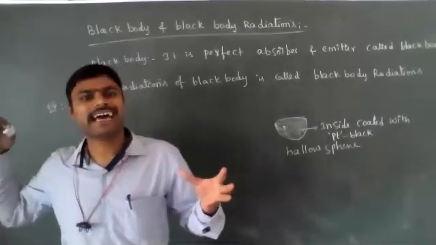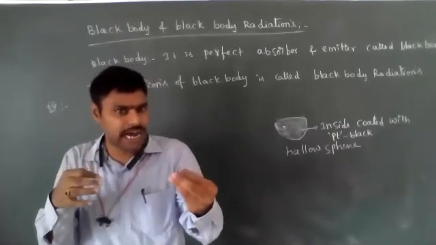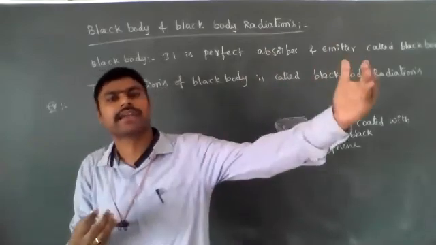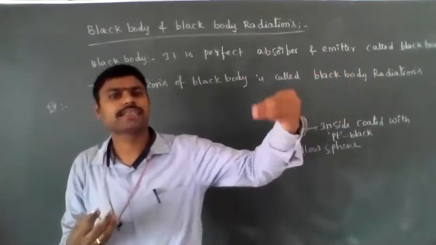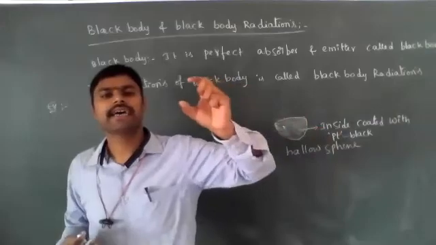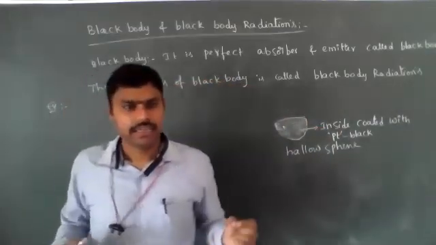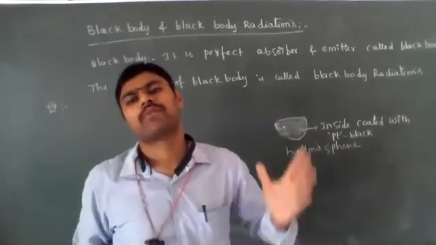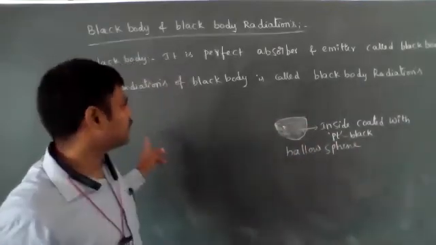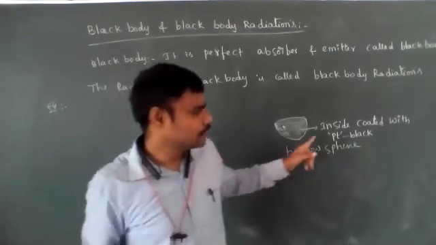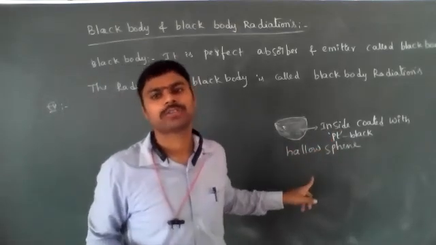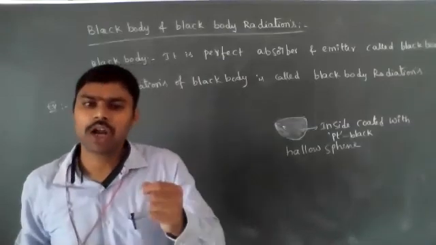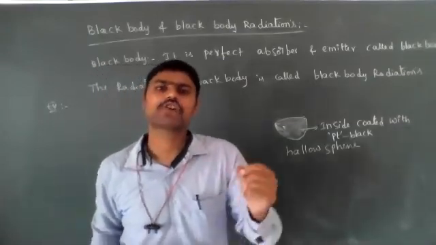Then however much electrical power is absorbed, the same power is converted into thermal energy, meaning it produces the same amount of heat. That's why the filament of the electrical stove acts as nearer to a black body. As well as generally a black body example means a hollow sphere inside coated with platinum black, having a small hole, acts as nearer to a black body.